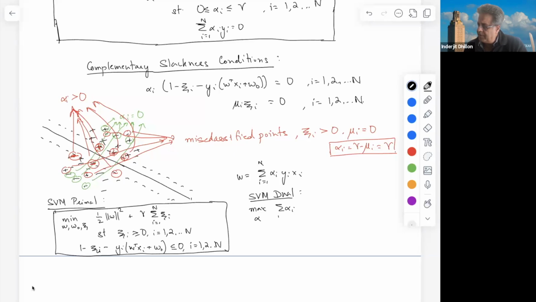Summation of alpha i, i equals 1 to n, minus 1/2 summation i equals 1 through n, summation j equals 1 through n, alpha i, alpha j, yi, yj, xi transpose xj, such that my inequality constraints again on the dual variables are simpler: non-negative, and a capping constraint, cannot be bigger than gamma. And summation of alpha i, yi equals 0.